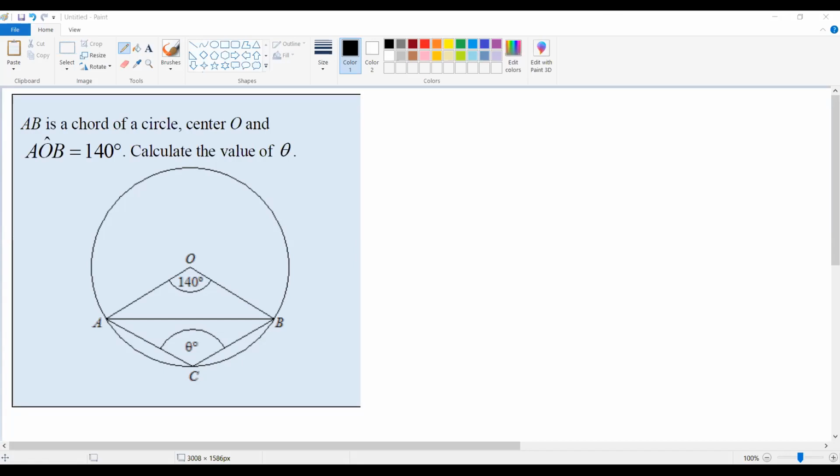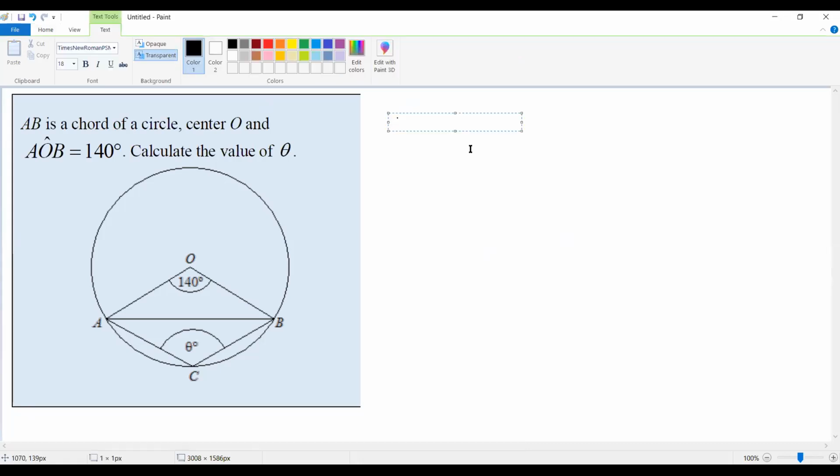Dion, which theorem you use? So yeah, he is correct. So we would have used theorem 5, right?